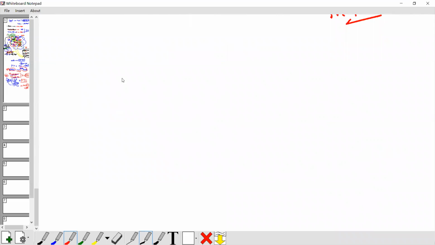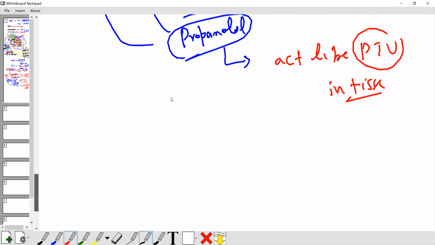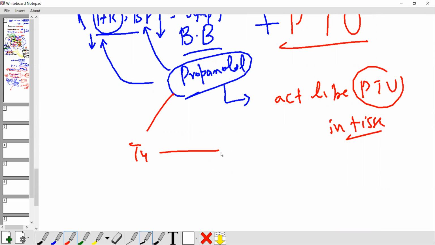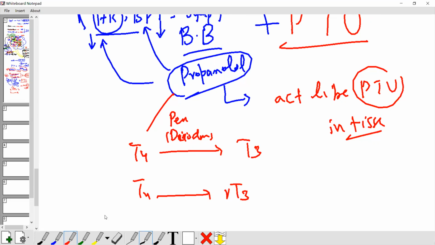Propanolol is doing what? Like PTU, it blocks T4 changing to T3. Which enzyme do we use? The deiodinase enzyme, a peripheral deiodinase. This T4 changes to T3, or T4 can change to reverse T3. The reverse T3 is inactive.